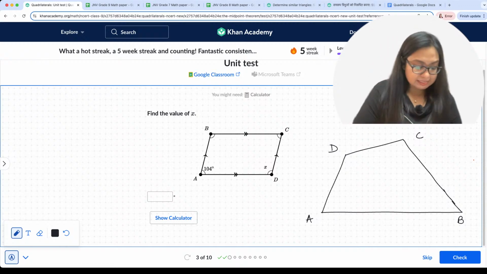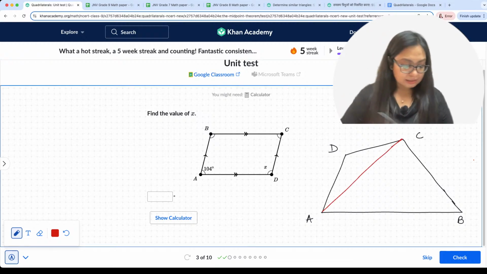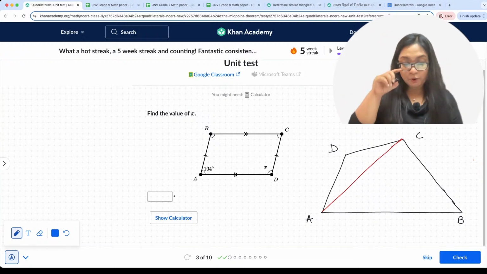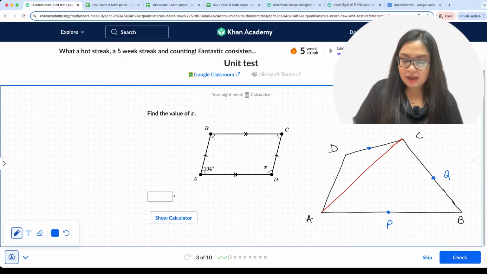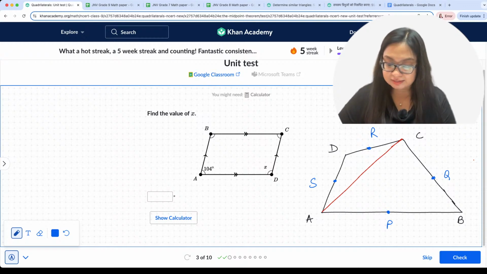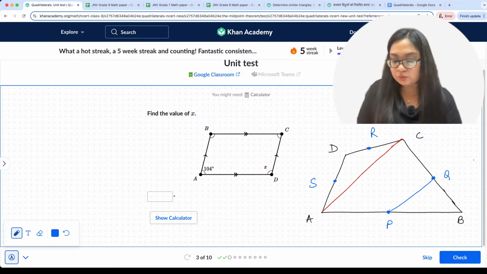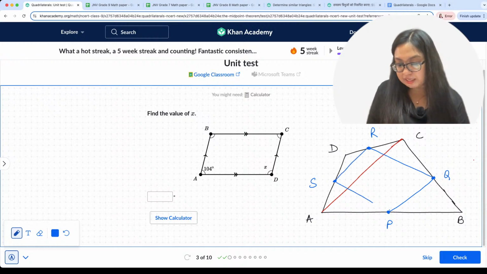So AC is a diagonal. AC मैंने एक diagonal बना ली. And then I am writing the midpoints of four sides: P, Q, R, and S. Now I have to join the midpoints. So चलिए join कर लेते हैं. We have P with Q, Q to R, R to S, and S to P.